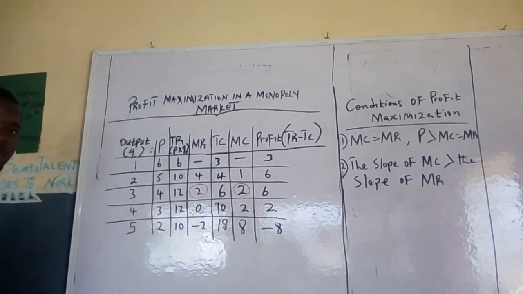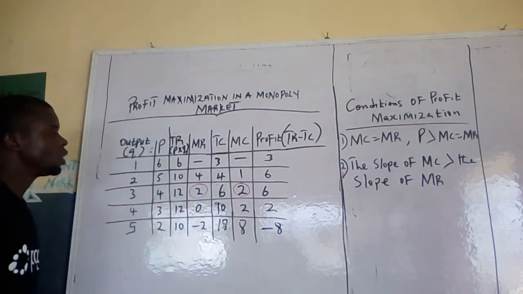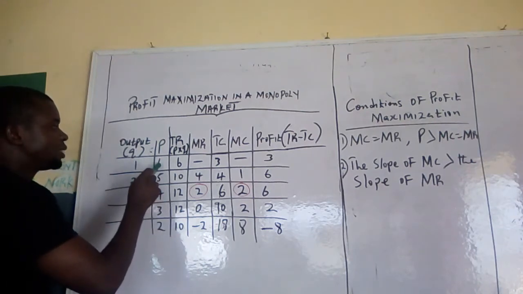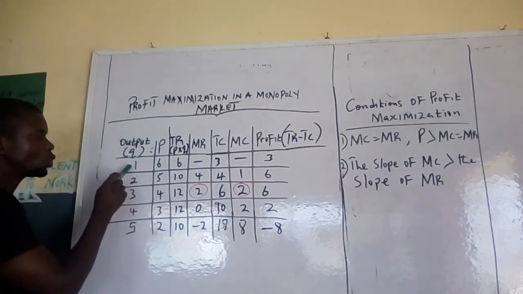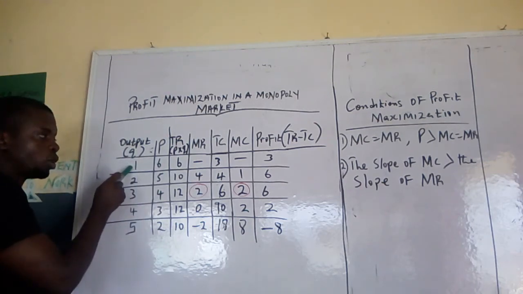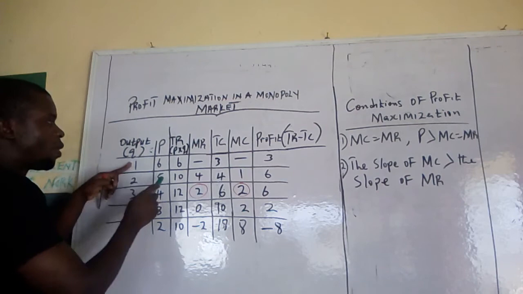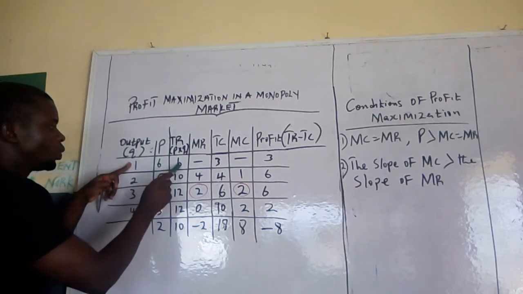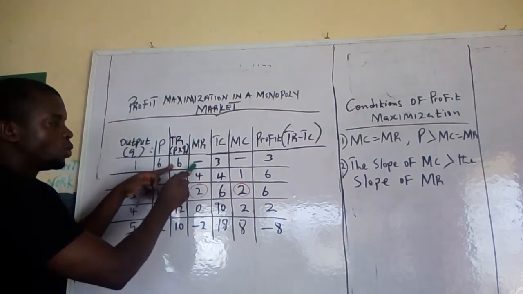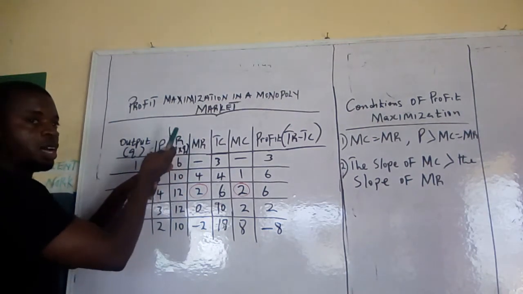Let's start from P. You can see when our price is $6, the output sold is just one unit. Our total revenue at this point is P times Q, which is 6 times 1, giving us 6. There is no marginal revenue because we don't have a previous total revenue.